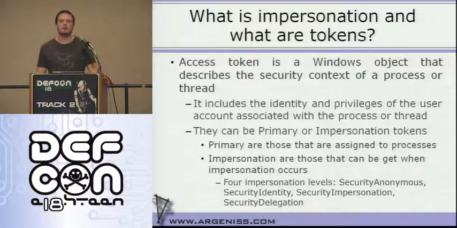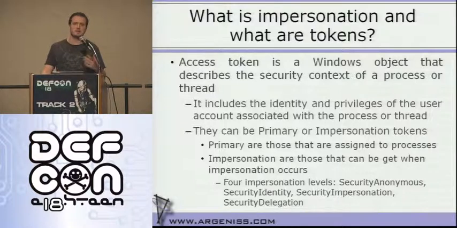Well, a token is a Windows object that has information about the security context of a thread or a process. It includes information such as the identity of the user and the privileges associated with the user. There are two kinds of tokens: primary tokens and impersonation tokens.